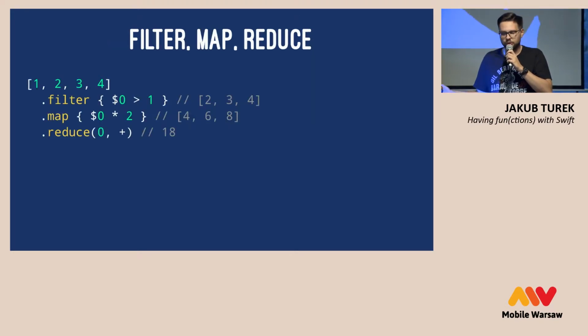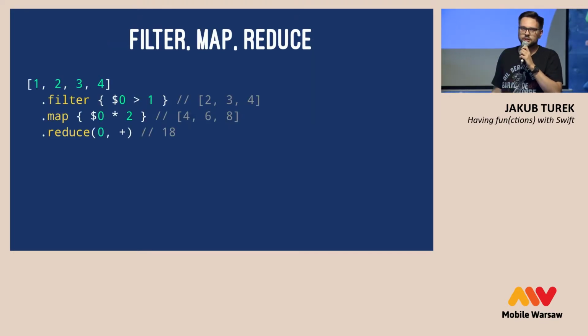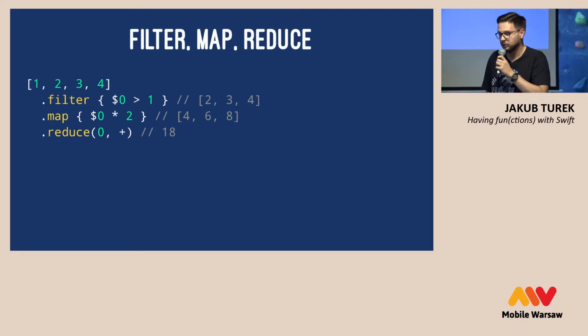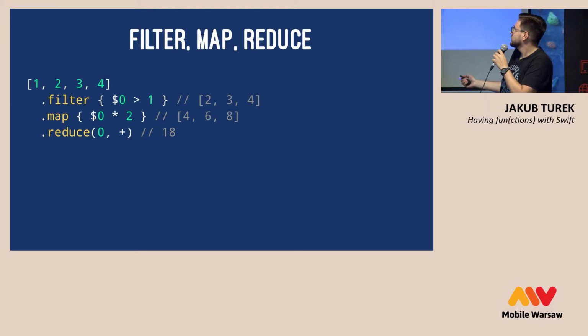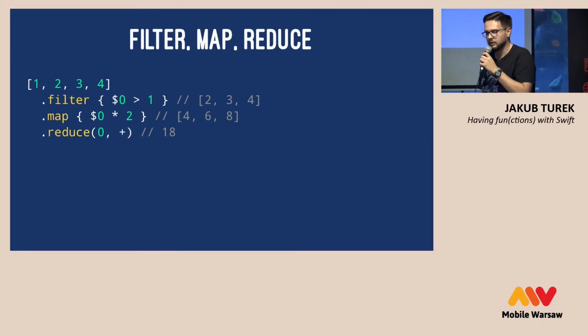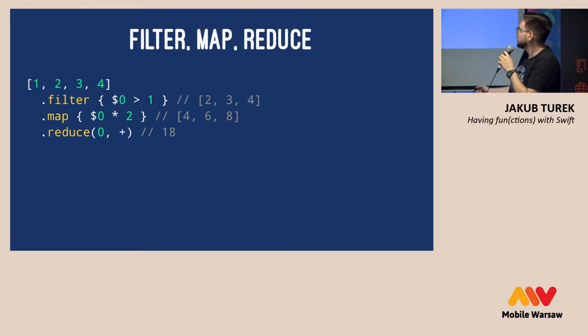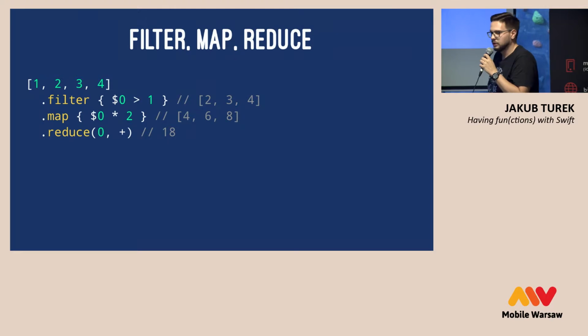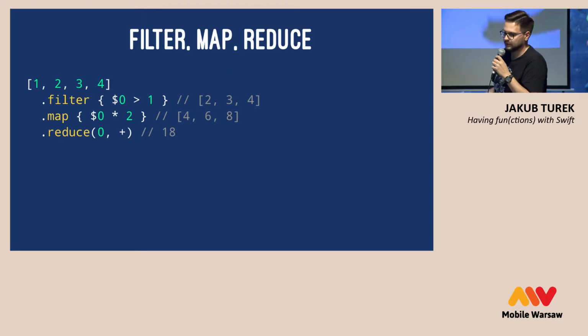There are three higher order functions that you're probably very familiar with, which is the filter. Given an array of integers, we can pick only the ones that are greater than 1. Then we can apply a transformation to every single value. And finally, we can compose the values into a single integer by summing up all of the results.